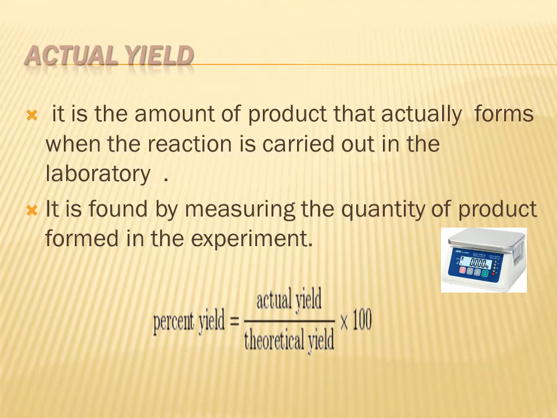The actual yield is the amount of product that actually forms when the reaction is carried out in the laboratory. It is found by measuring the quantity of product formed in the experiment. As I said before, the actual yield is found in the lab, which differs from the theoretical yield that is found mathematically.